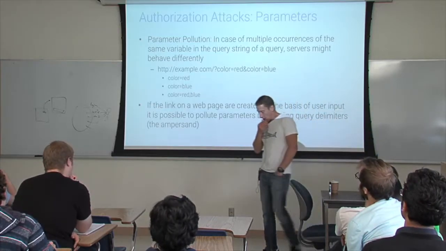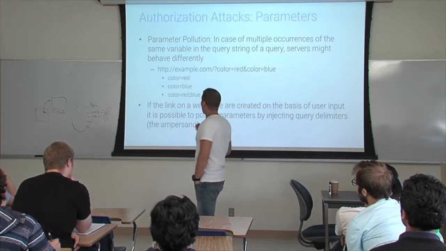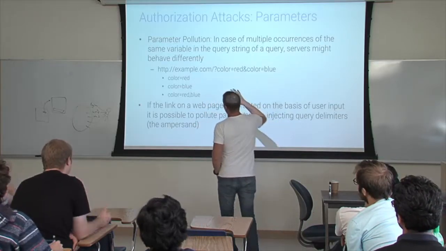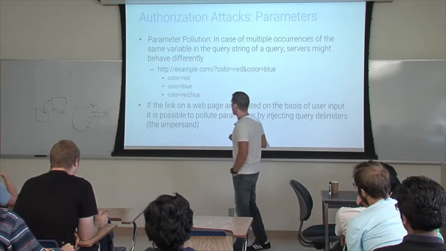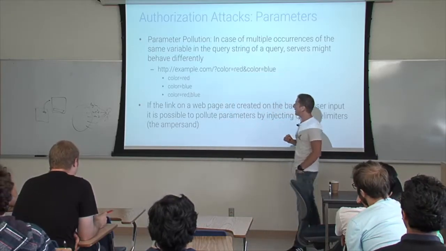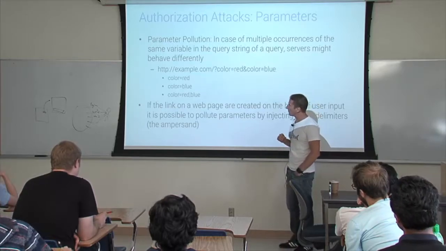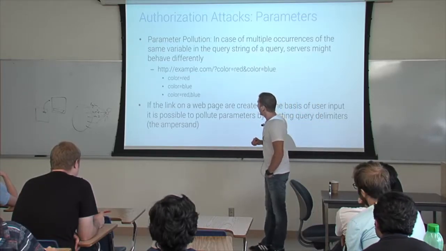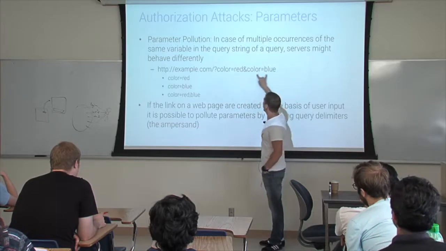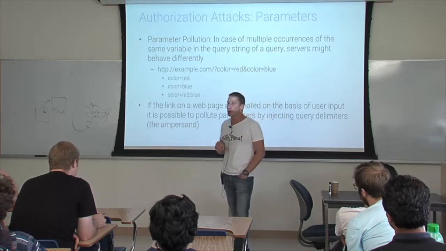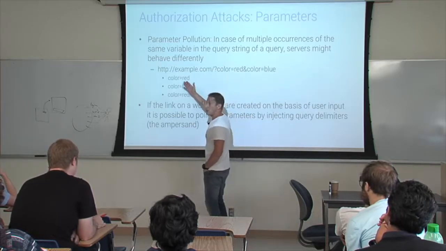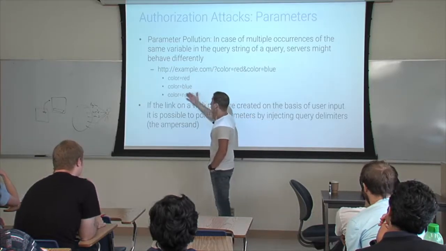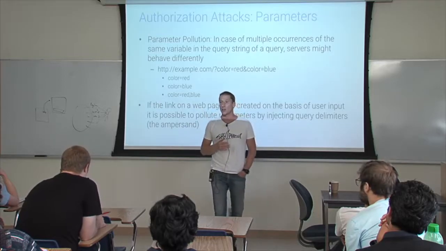Another interesting type of attack of this kind is parameter pollution. This is actually relatively recent. Somebody found that there are some websites that are vulnerable to this. Fundamentally, it's like, what happens if you have the same parameter with two values? You take the first value that you see, you take the last value that you see, or you even put them together in a list.